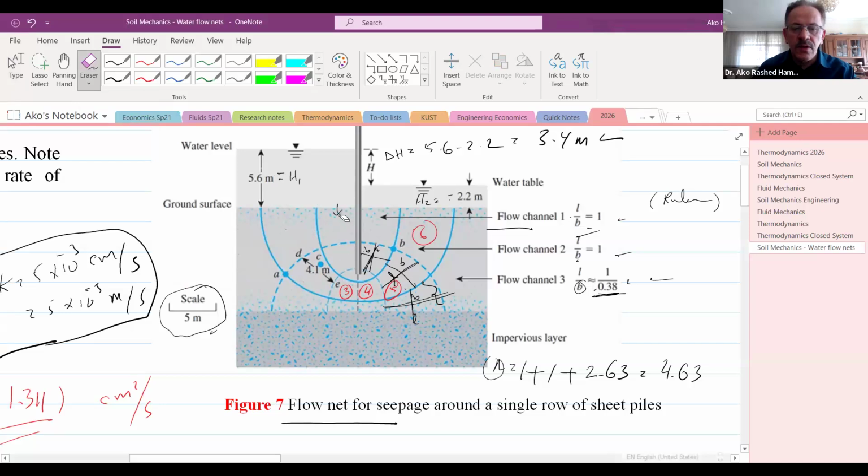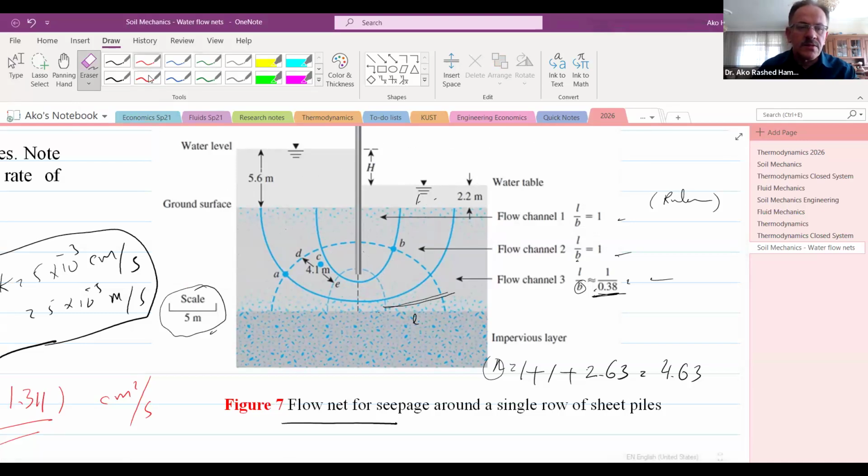There will be points on the soil, like here, it has been given to you that there is a point A, point D, and C. So usually you will be asked for what? Here, for example, point A. I want you to tell me what will be the pressure or head pressure at point A.